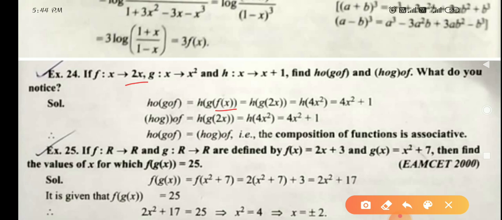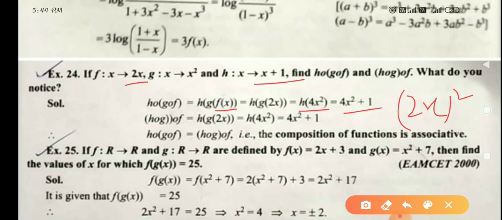In function g, g(x) equals x square. So when you put 2x, it will become 2x whole square. So 4x square is coming. Now in function h, in place of x you have to put 4x square. So it will become 4x square minus 1.